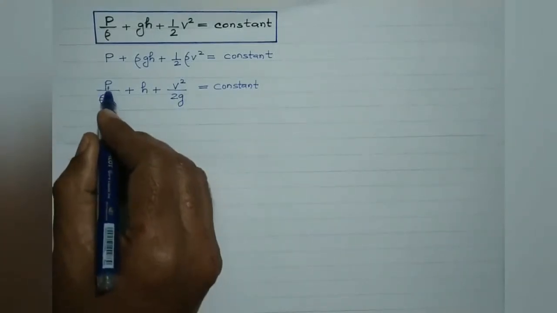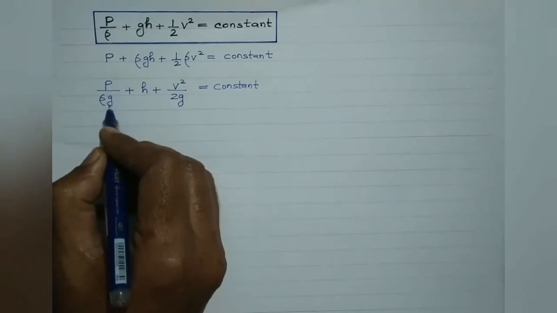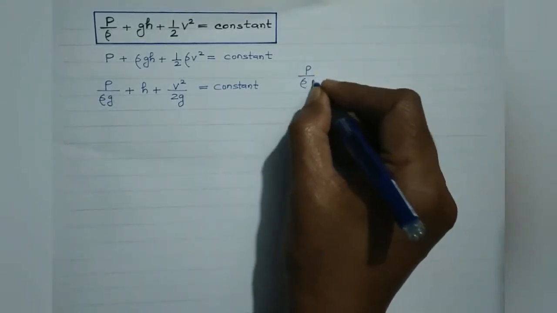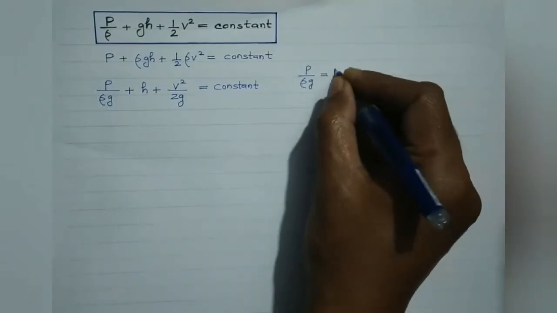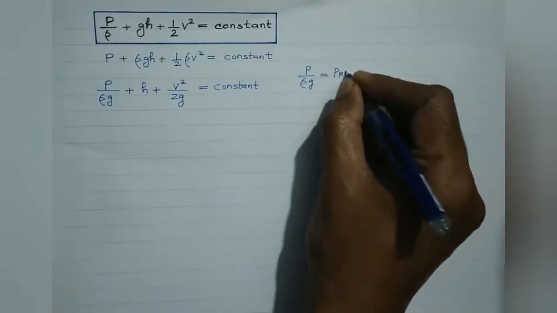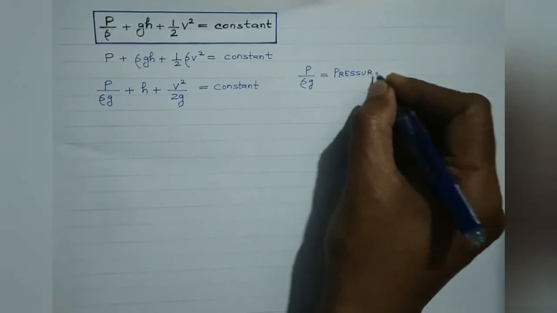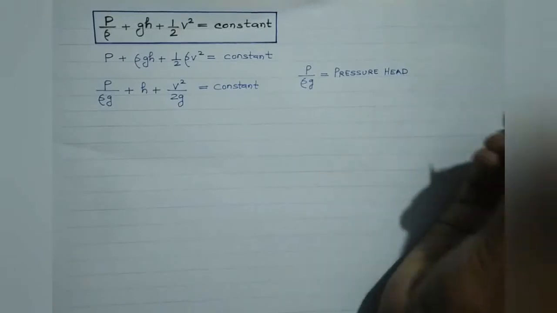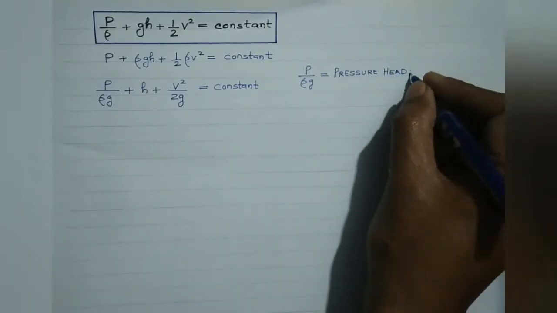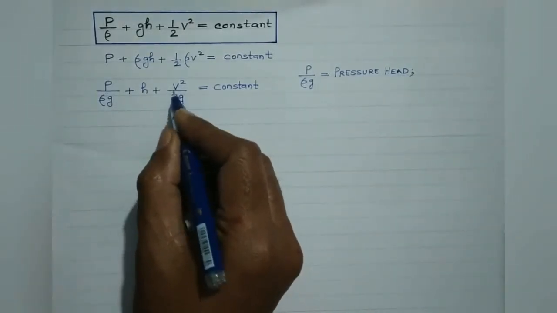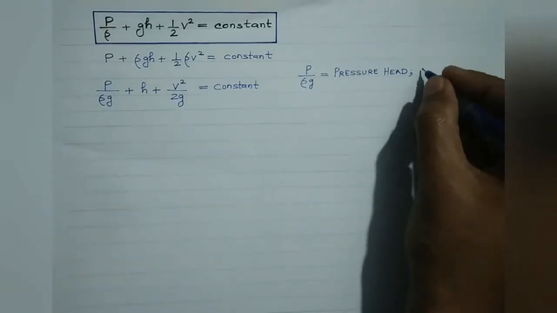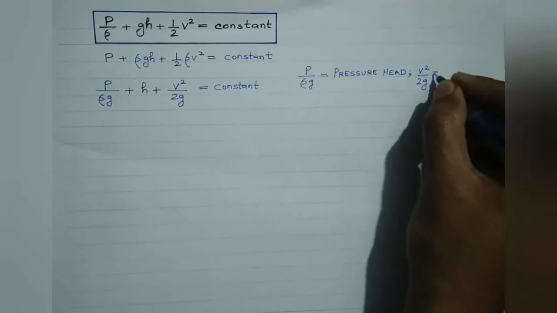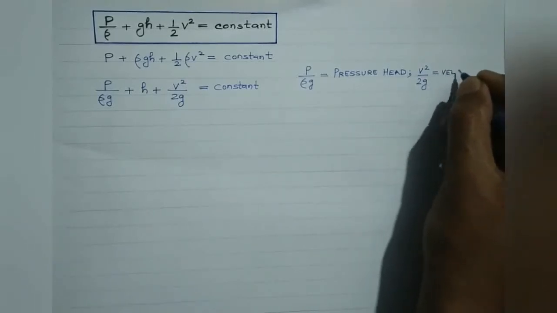The term P by rho g is known as the pressure head. It has got the dimension same as that of length. While v square by 2g is known as the velocity head.